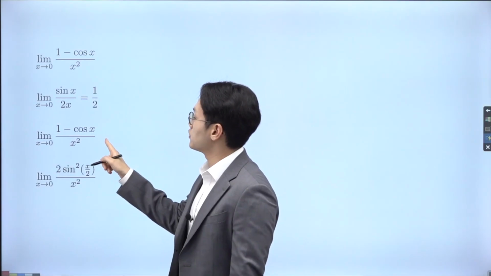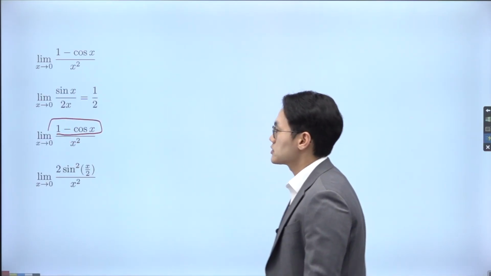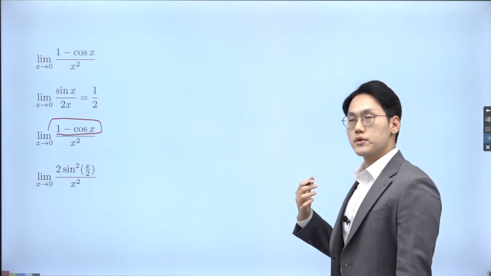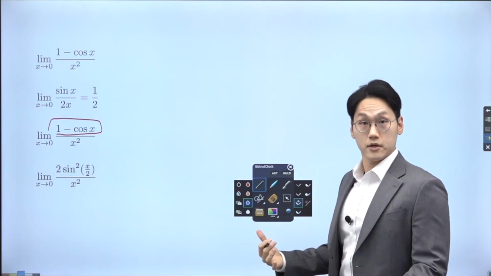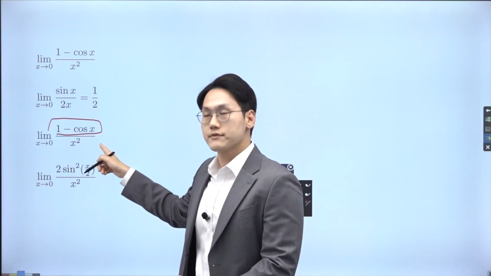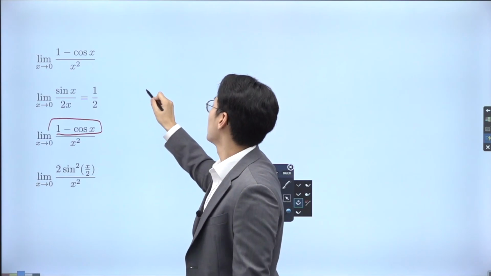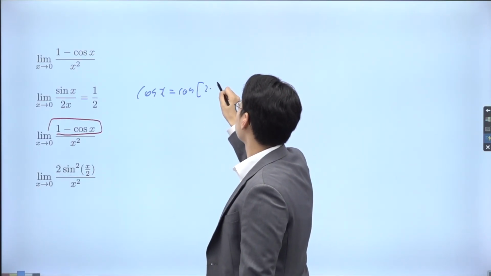What you can do here is, every time you mix the cosine with plus or minus 1, you really want to get rid of it, right? How we can get rid of the 1 is to use the double angle of a cosine. It's not in a multiple of 2, you may say, but we can make it, because cosine x is just cosine of 2 times x over 2.